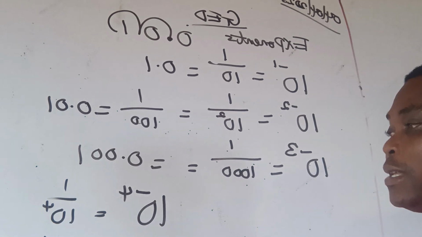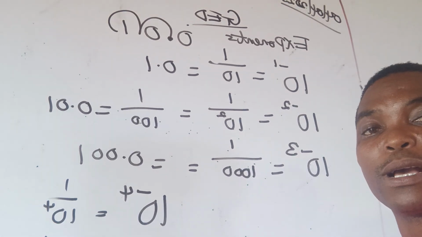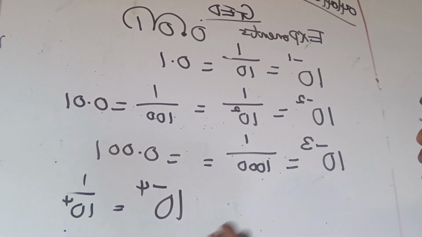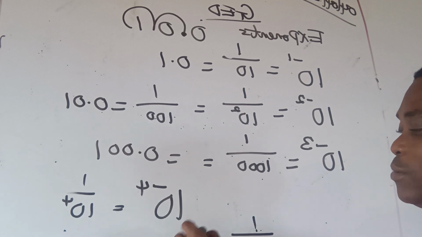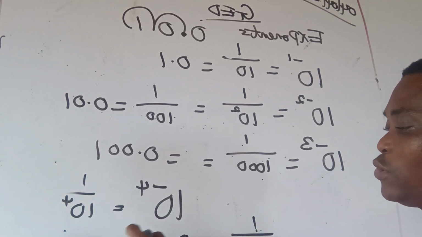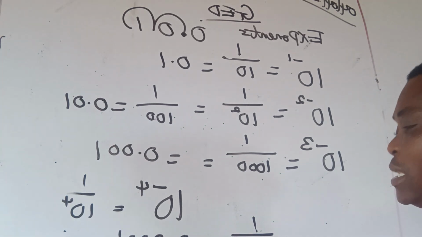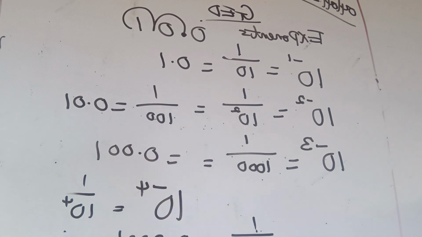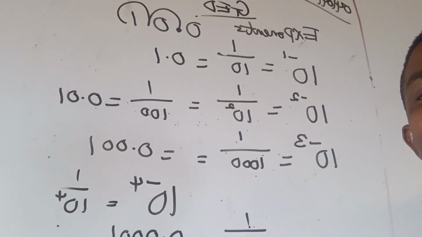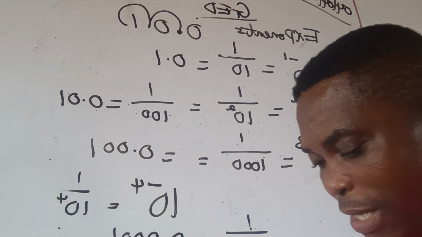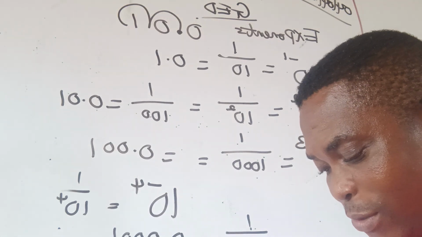And 1 over 10 raised to the power of 4 can still be further broken down as 1 over 10,000. So if you divide 1 by 10,000, 0.0001, the 4 zeros will still appear. Hope you can see my board, and the 4 zeros will still appear. So that's what the explanation is trying to say.